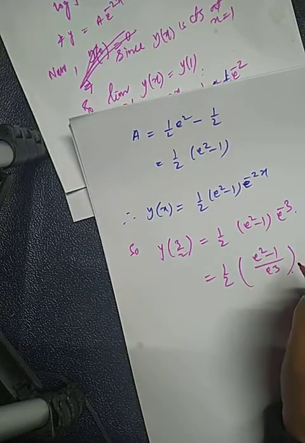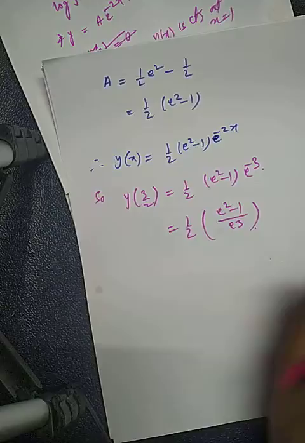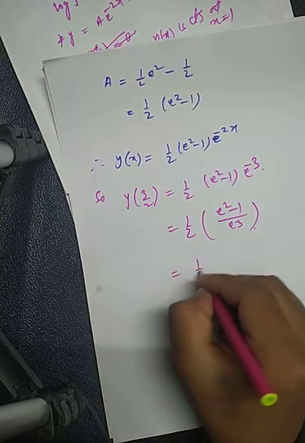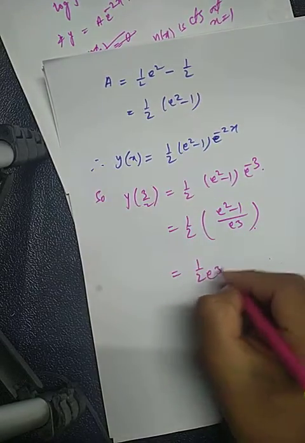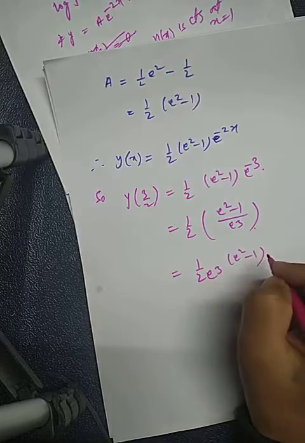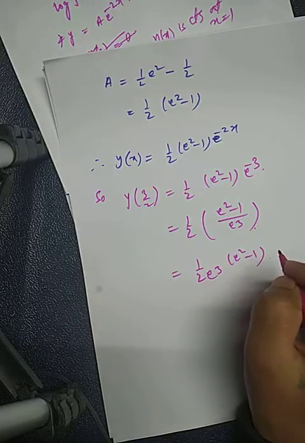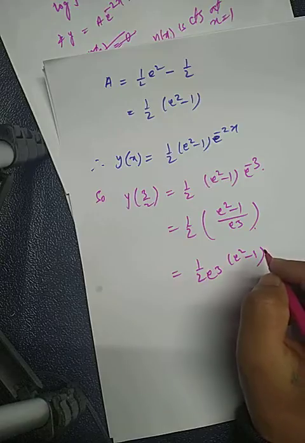So that's what is important. Which one of the following is true? e cubed into (e squared minus 1)? I think there is something missing, right?